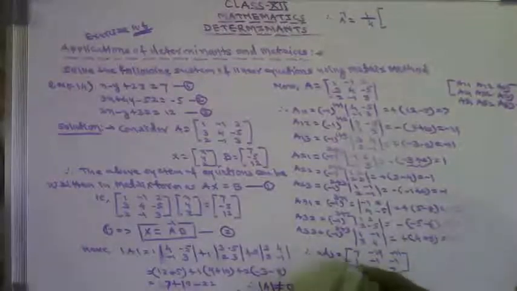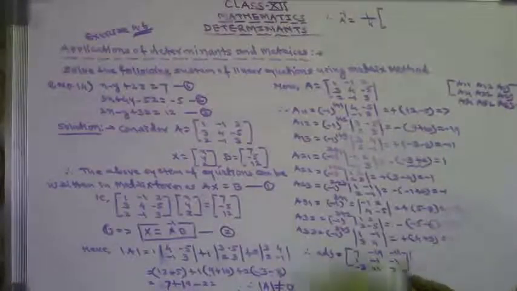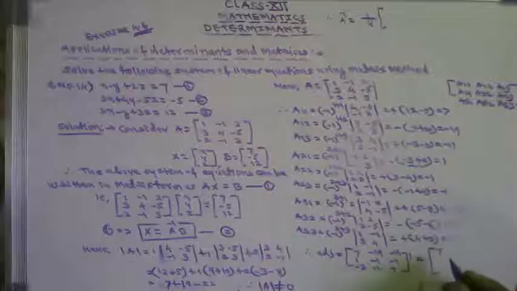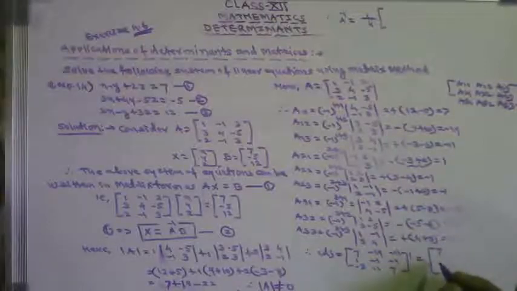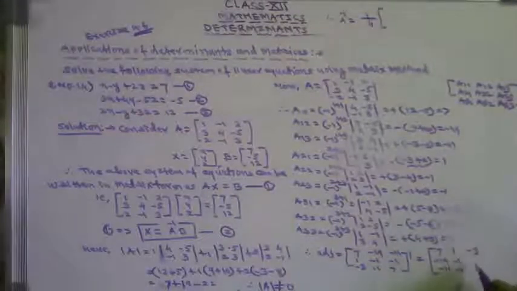Here I have written this A11, A12, A13, 7 minus 19 minus 11. So you take the transpose of the adjoint. So that is equal to 7, minus 19, minus 11, 1, minus 1, minus 1, minus 3, 11 and 7.